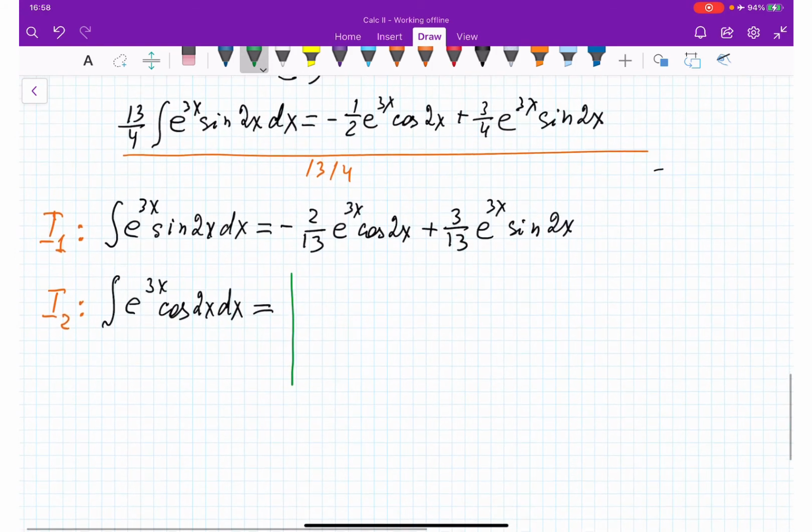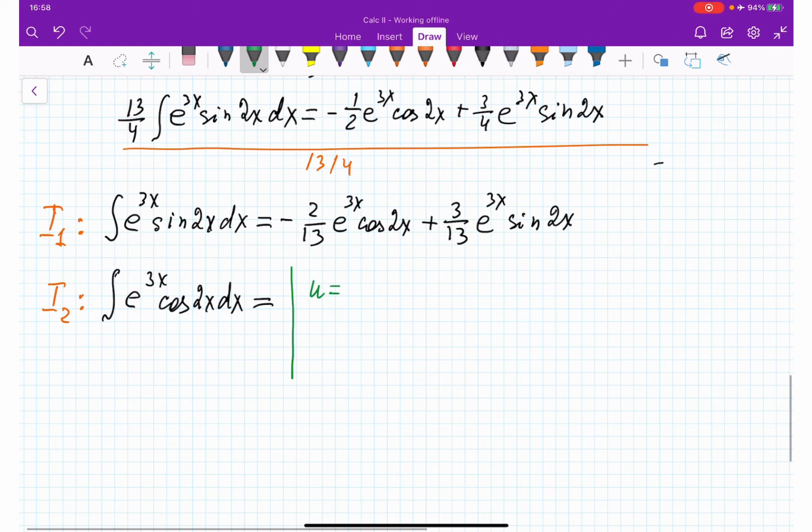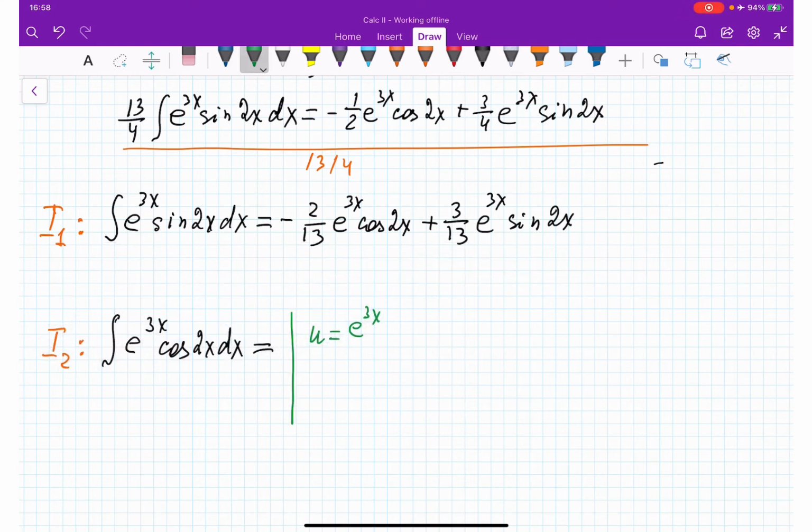We are taking u is equal e to power 3x and dv is equal cosine 2x dx, right?